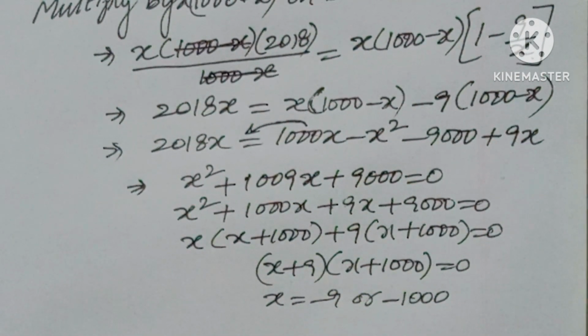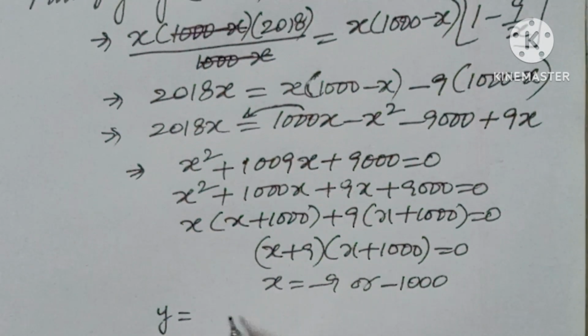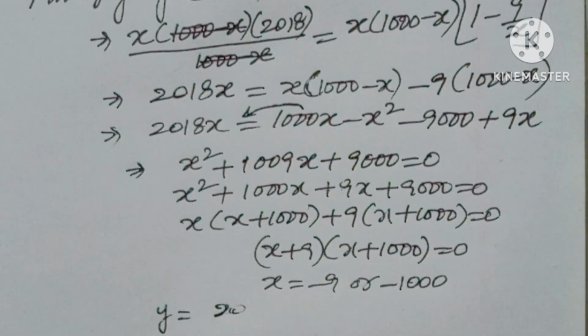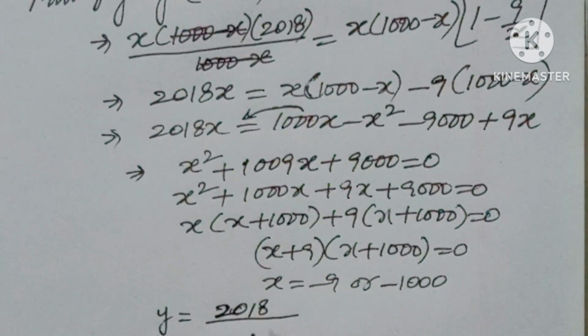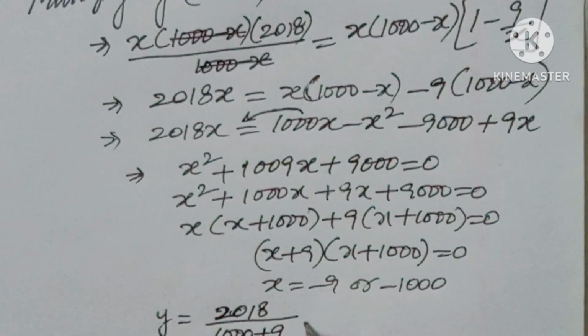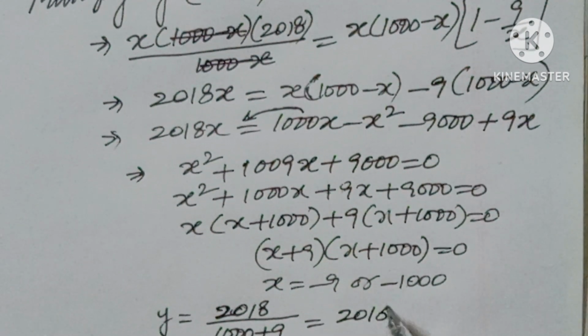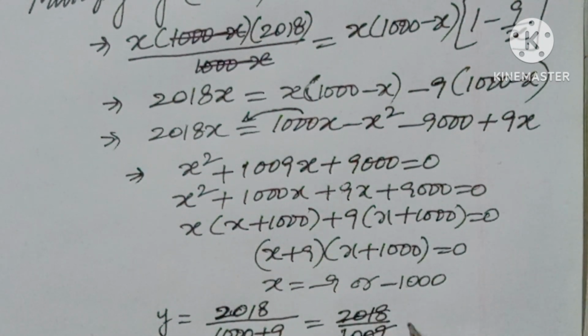If x equals minus 9, then the y value will be 2018 by 1000 plus 9, that is 2018 by 1009, so you will get 2.